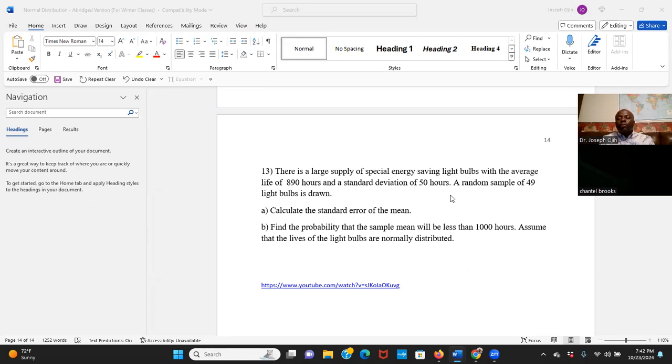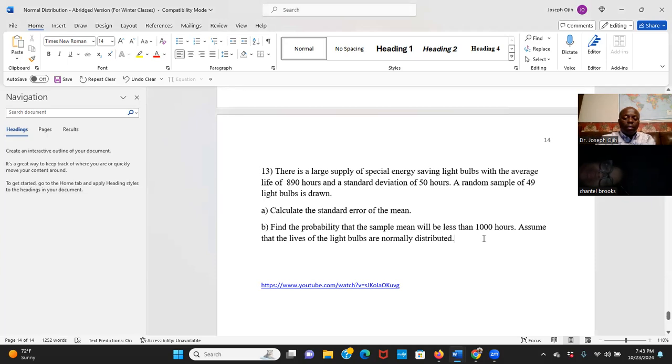A random sample of 49 light bulbs is drawn. Calculate the standard error of the mean and then find the probability that the sample mean will be less than 1,000 hours. Assume that the lives of the light bulbs are normally distributed.